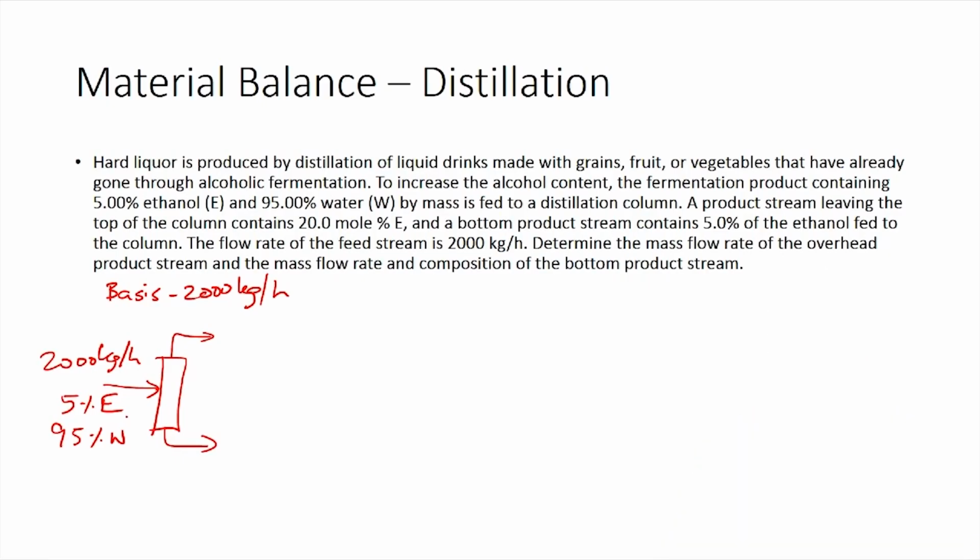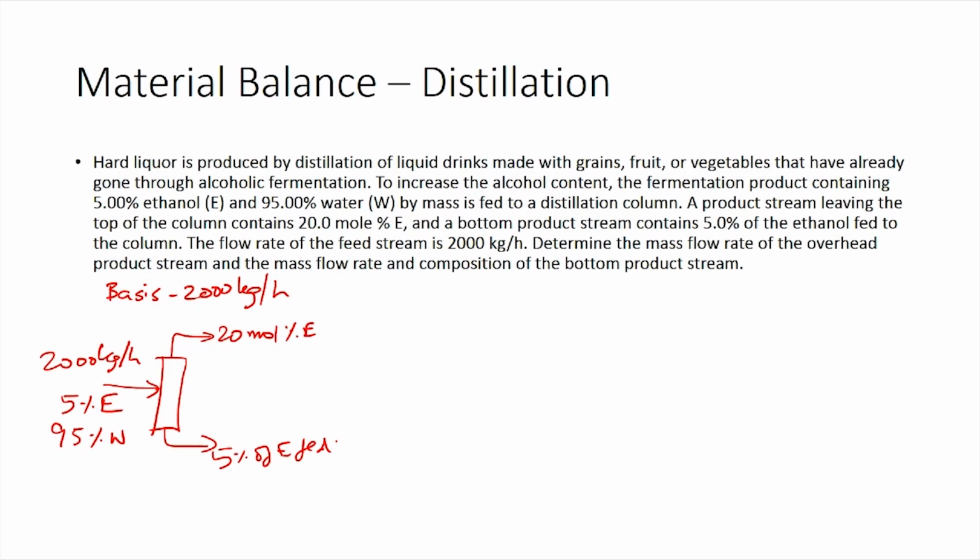So here it has been told that the distillate stream contains 20 mole percent ethanol and the bottom stream contains 5% of ethanol fed. So you need to be careful. You need to understand that the problem statement clearly says 5% of the ethanol which is entering the system leaves through the bottoms.